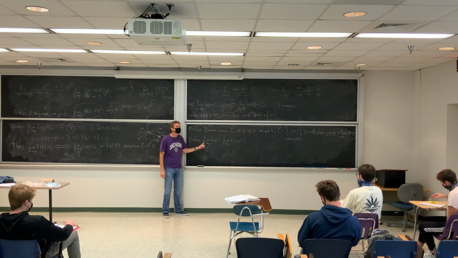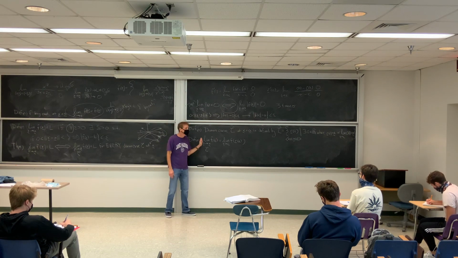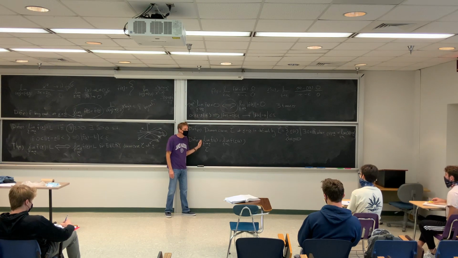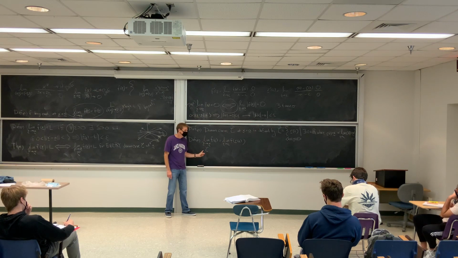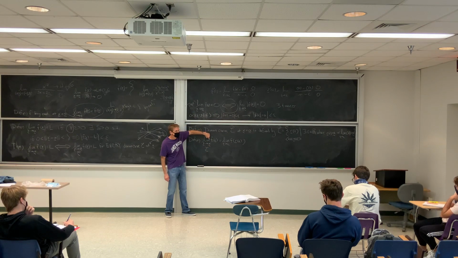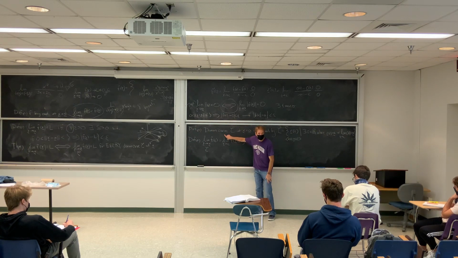The limit as x approaches A along the domain curve C. Now say that again. As x approaches A along the domain curve C of f of x is equal to the limit.